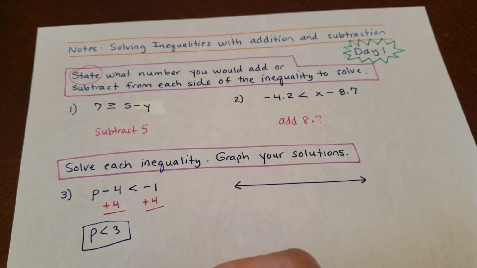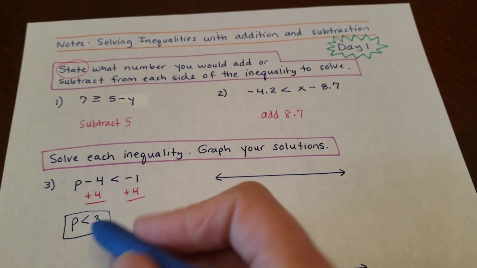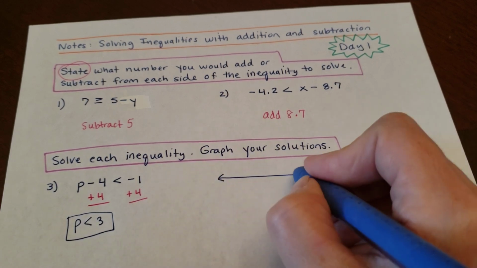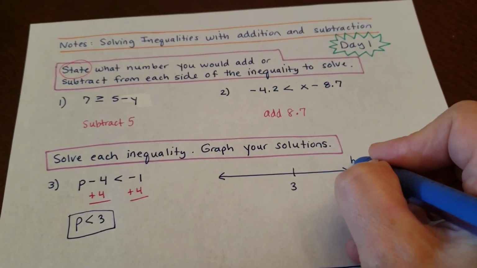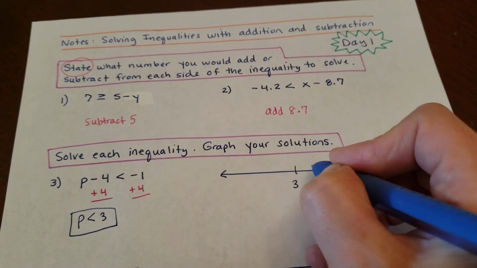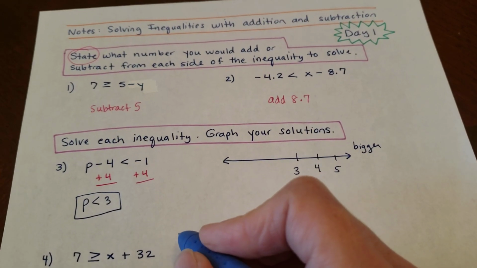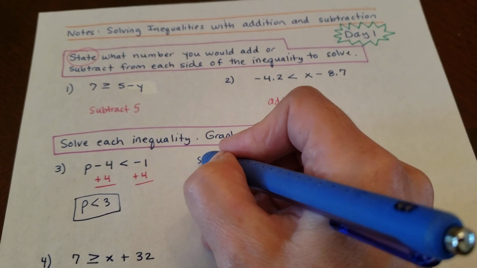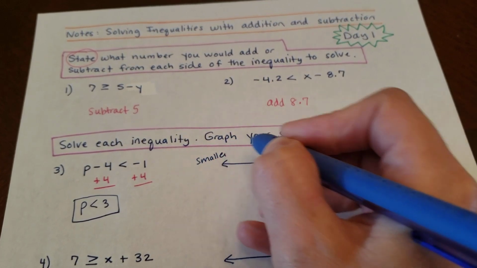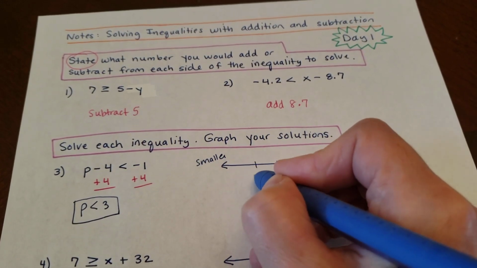For graphing purposes, just to remind us how to do it, we're going to put the solution, so 3 is going to go in the middle. Put some numbers bigger on the right-hand side, like 4 and 5. Put some numbers smaller on the left-hand side, like 2 and 1.